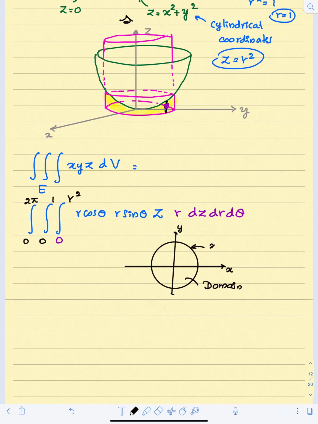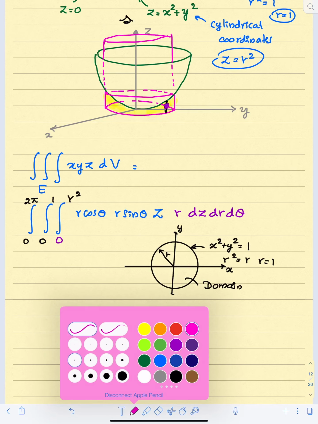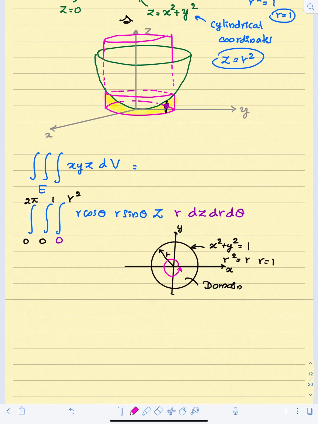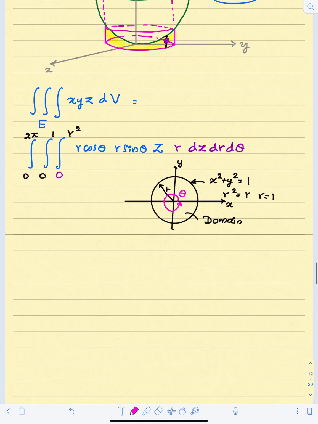This boundary is x squared plus y squared equals 1, which is r squared equals 1, therefore r is 1. And r is the radial distance. The lower limit of r is 0, upper limit of r is 1, and finally your theta goes from 0 to 2 pi.